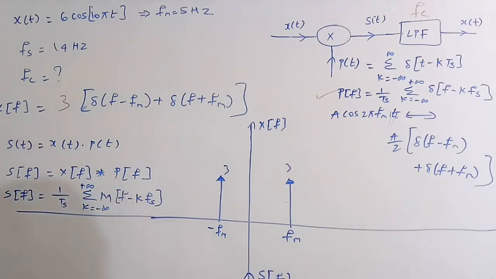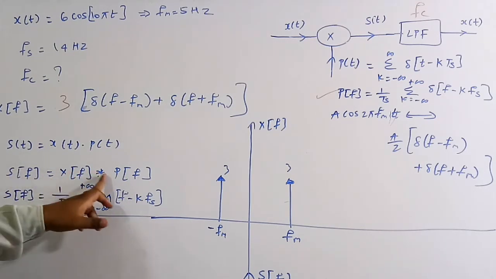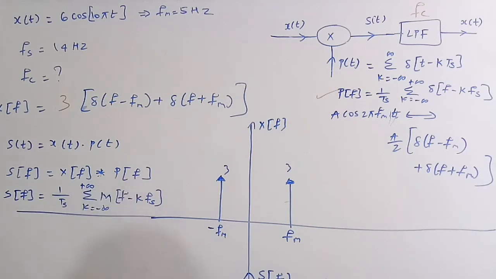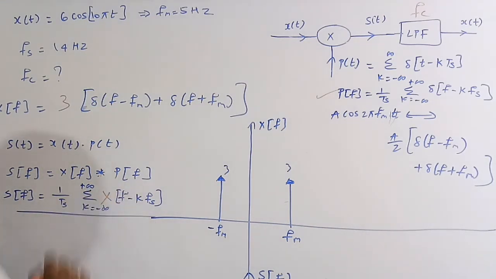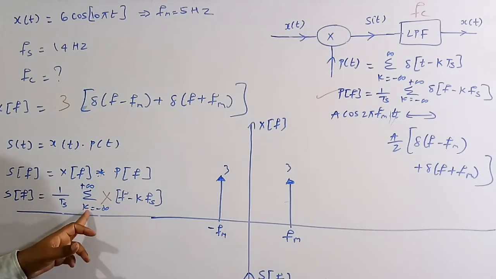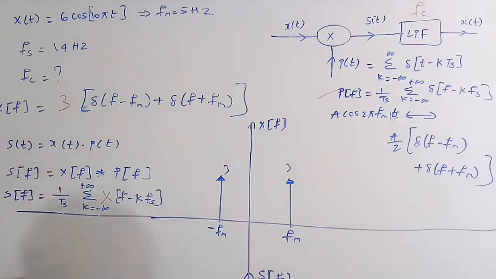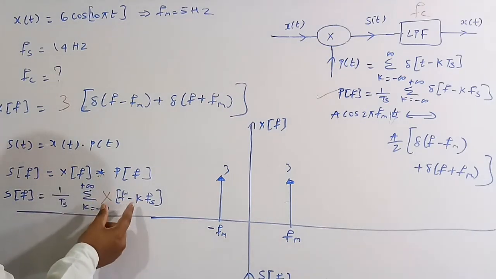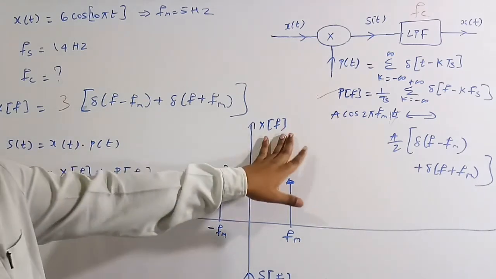If you do the convolution, it changes in this manner: s of f is equal to 1 by Ts sigma k equal to minus infinity to plus infinity x of f minus k fs. So we need to shift x of f from k equal to minus infinity to plus infinity through fs. Now I am going to draw the x of f.